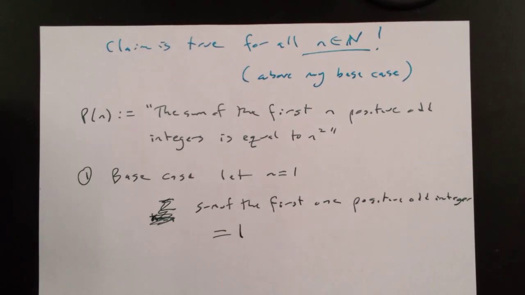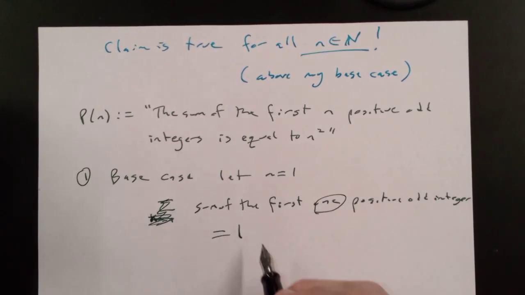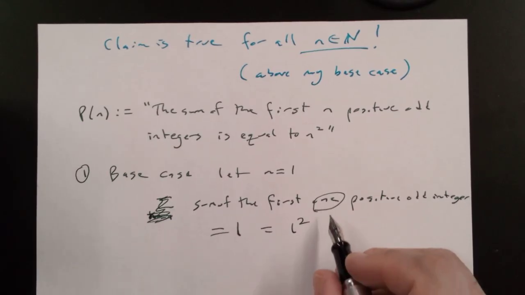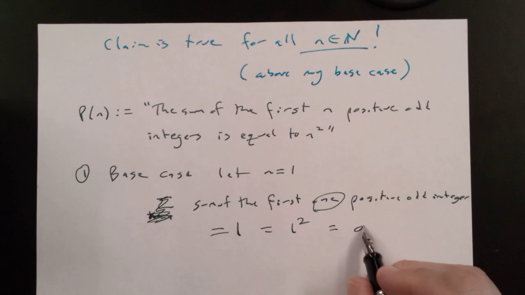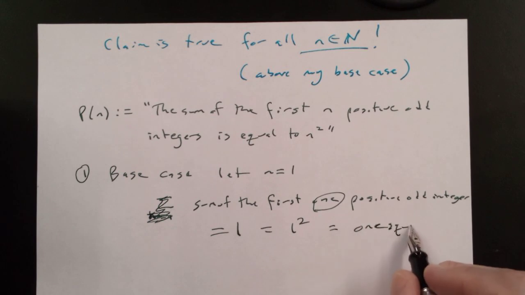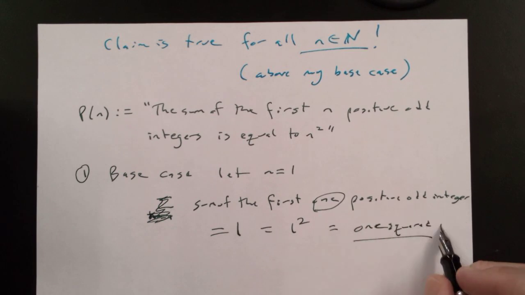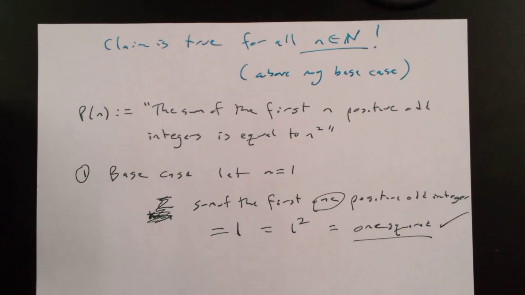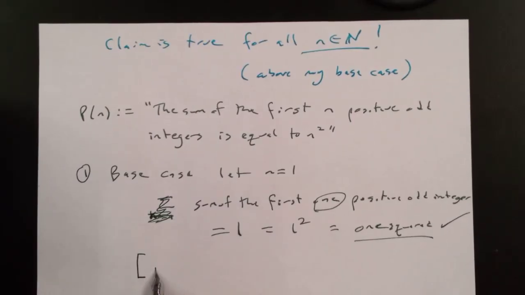Plus nothing, right? Isn't that also equal to 1 squared? I have now shown my property is true for the value 1. I'm even going to write it that way. Square bracket, P of 1 is true.